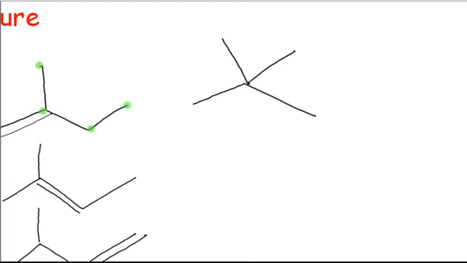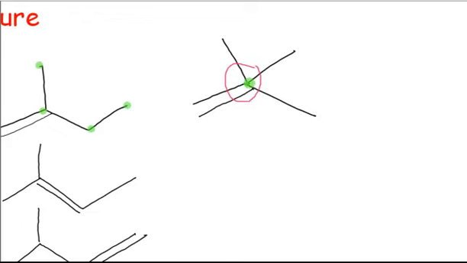Now, how about this one? I already told you in the last video that the formula for this is C5H10, so I would need to add a double bond. What if I were to put a double bond right here? Well, if I did that, I have just violated the cardinal rule of chemistry, and I made a pentavalent carbon, or in other words, a carbon atom with 5 bonds, and that in chemistry is a huge no-no.